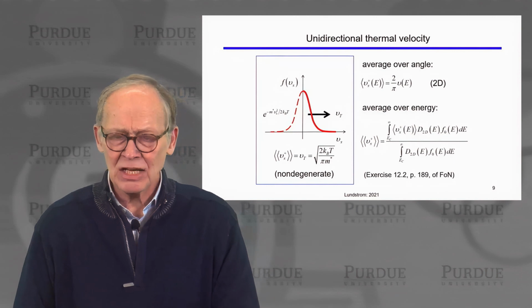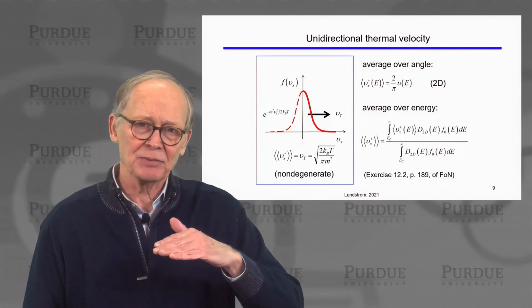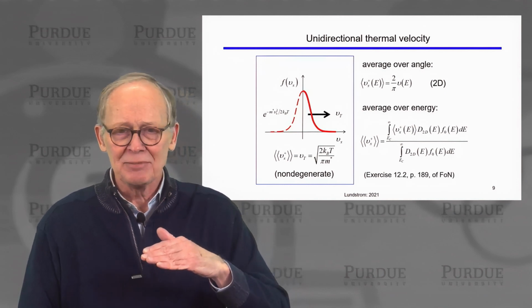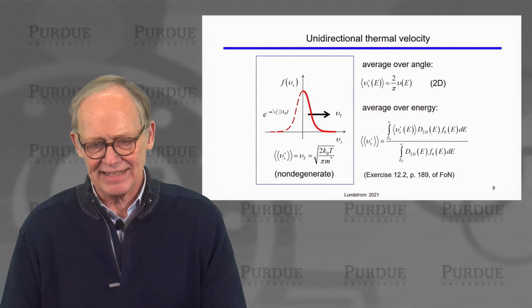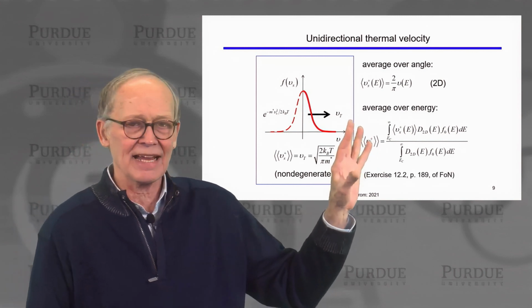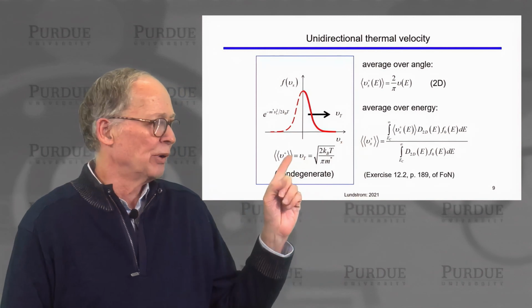We also have to average over energy, because most of these electrons are near the bottom of the conduction band, but they are spread out over a distance in energy on the order of kT. So we have to do that average over energy.